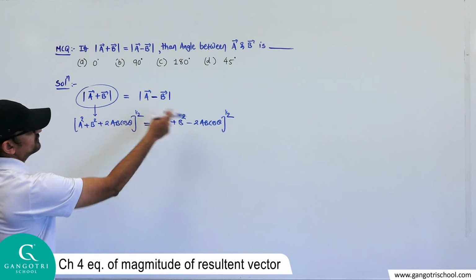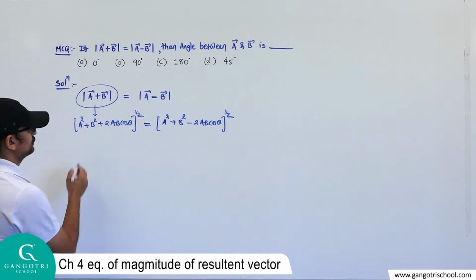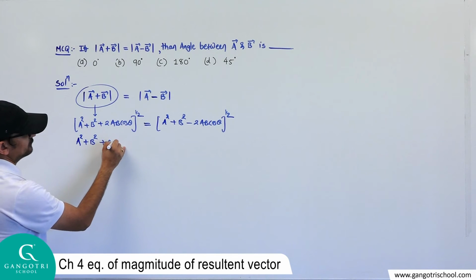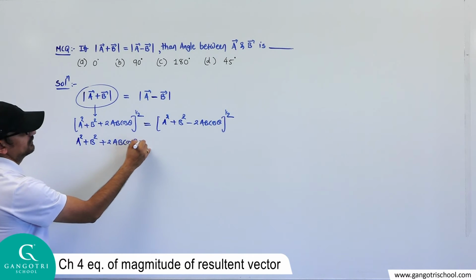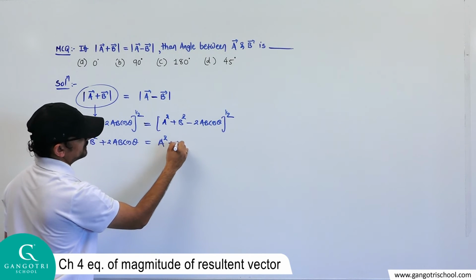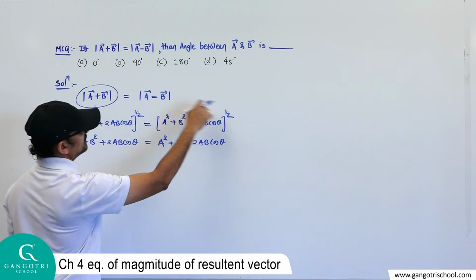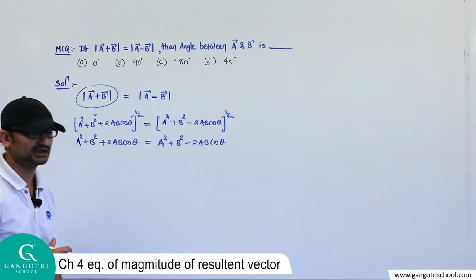Okay, now on both sides there is a square root which is removed. So here A square plus B square plus 2AB cos theta should be equal to A square plus B square minus 2AB cos theta. Raised to 1 half is removed from both sides.